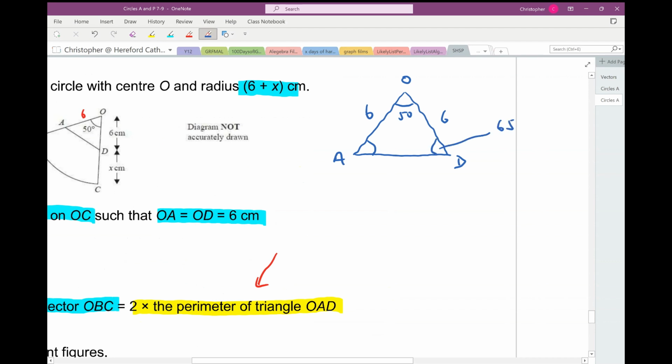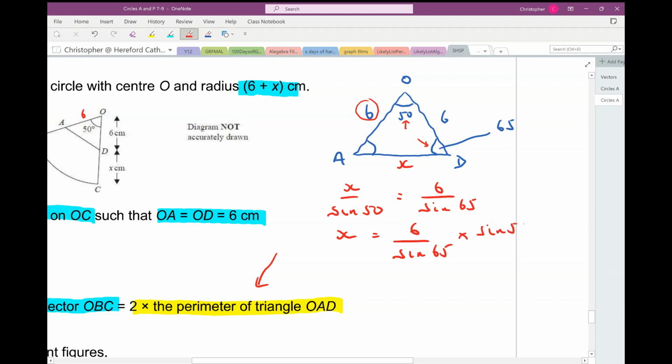Now, if I'm going to find the perimeter, then I'm going to need to know this length x here. I'm going to use the sine rule to find that length because I've got a 6 here and the opposite angle, and I know the 50 here. So x over sine 50 will equal 6 over sine 65. Multiply both sides by sine 50, and x will be 6 over sine 65 multiplied by sine 50.